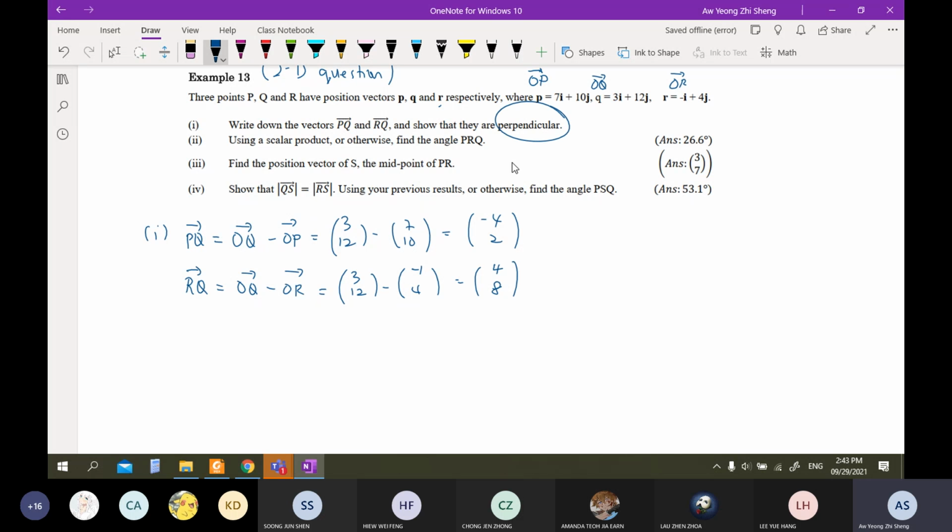To show that these two vectors are perpendicular, just dot them together, hope to get an answer of 0. PQ dot with RQ, minus 16 plus 16 equals 0. Right, therefore, PQ is perpendicular to RQ. Done.